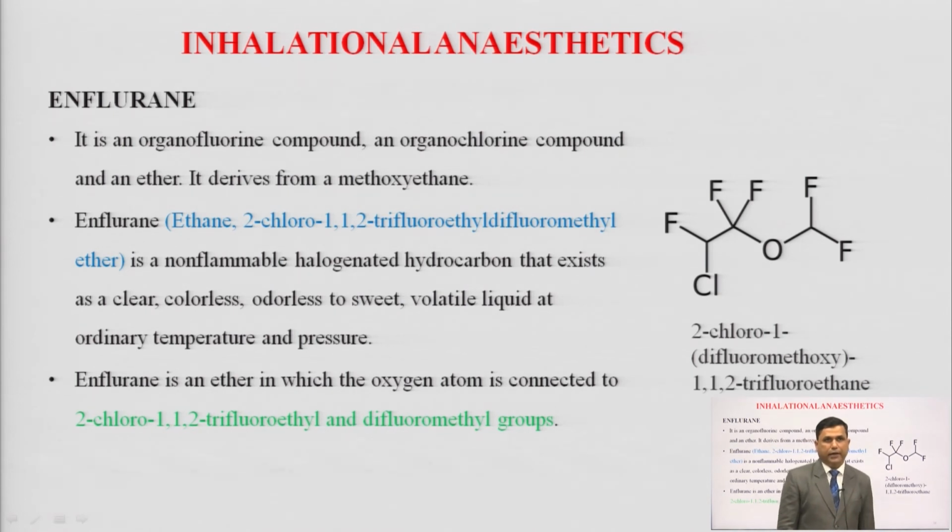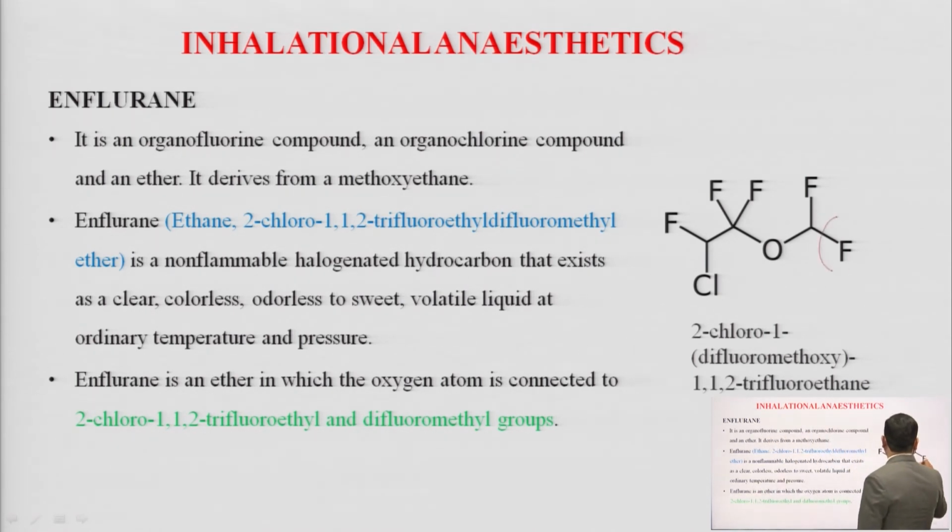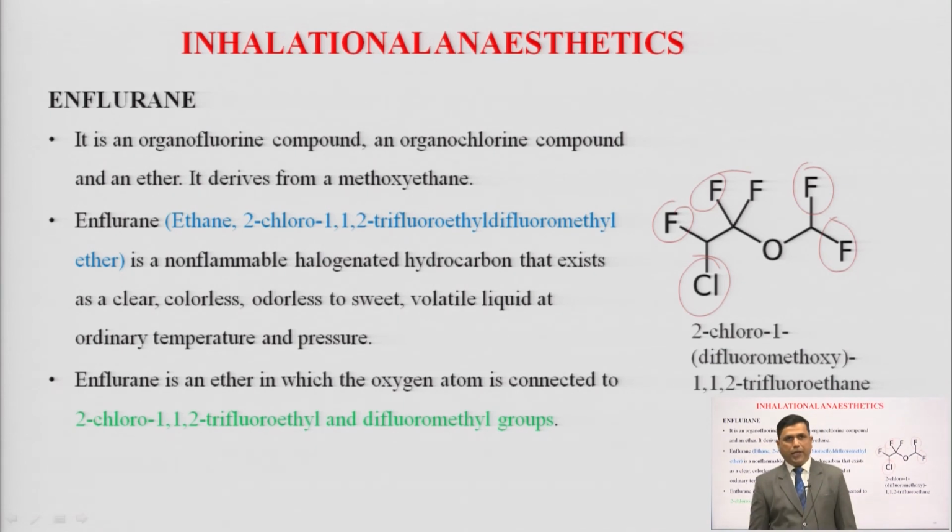Next, enflurane contains fluorine and 1 chlorine. So, the IUPAC name is 2-chloro-1-difluoromethoxy-1,1,2-trifluoroethane. Again it is an organofluorine compound and an organochlorine compound, and it is a flammable halogenated hydrocarbon.